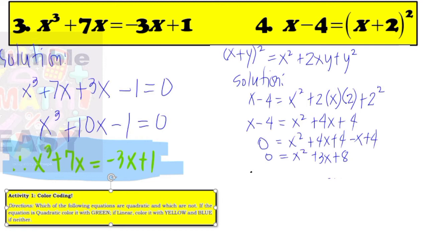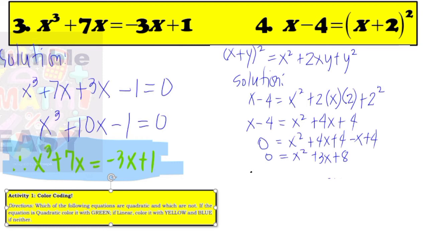Since the x squared is positive, I will transpose the x minus 4 from the left hand side of the equation to the right hand side. So x squared plus 4x plus 4, copy this, minus x, because the positive x on the left hand side is transposed to the right hand side, so it became negative x.